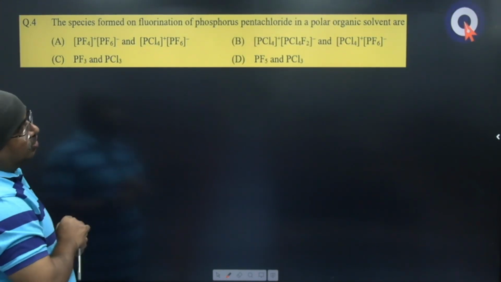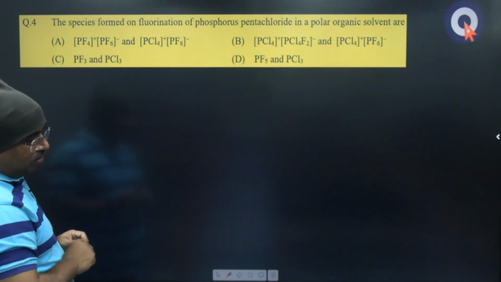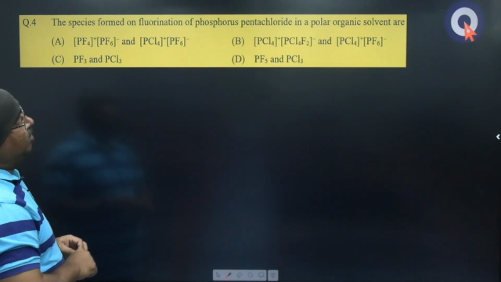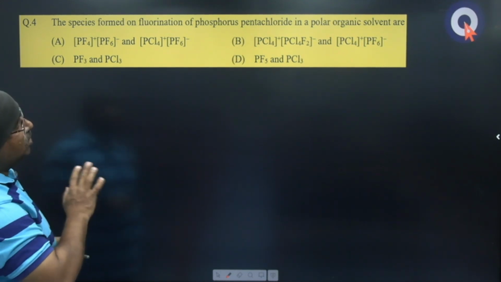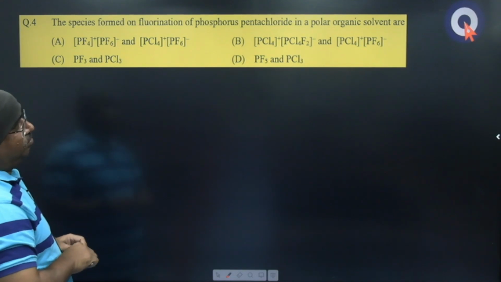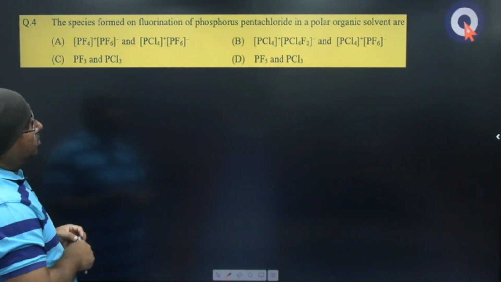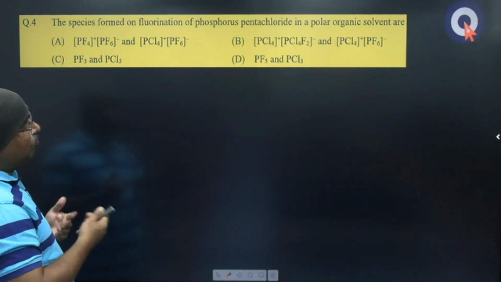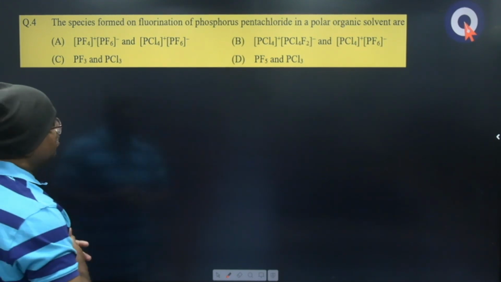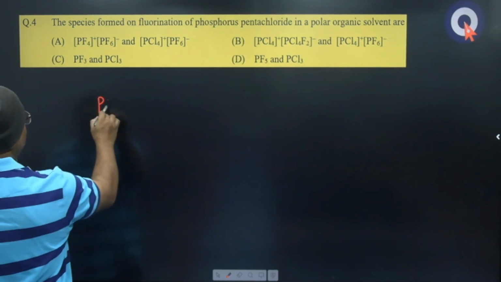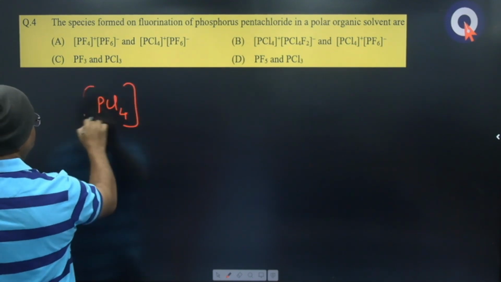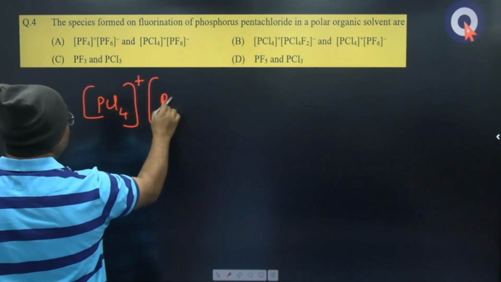Next. This is beyond our NCERT level question, actually an inorganic one. Fluorination of phosphorus pentachloride in polar solvents. In polar solvents, PCl5 actually exists as PCl4 plus and PCl6 minus.